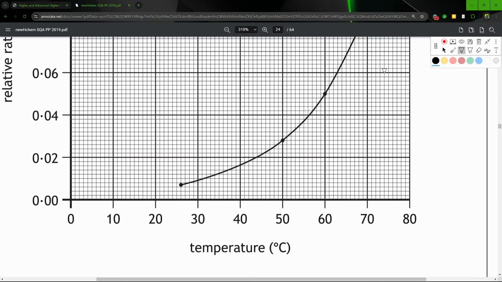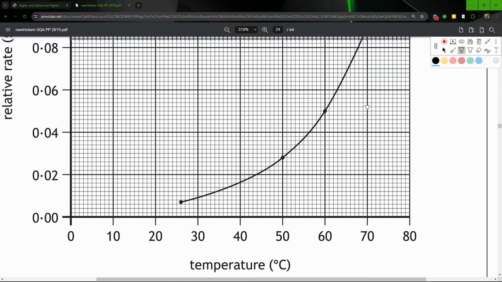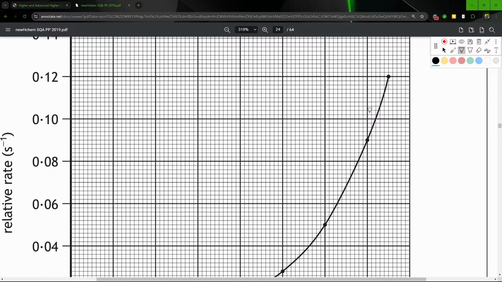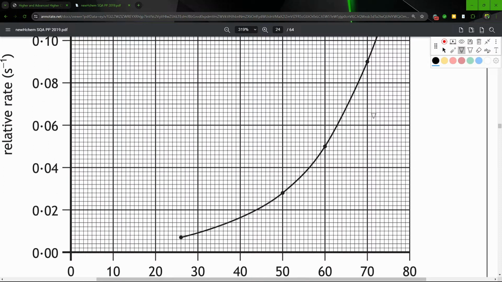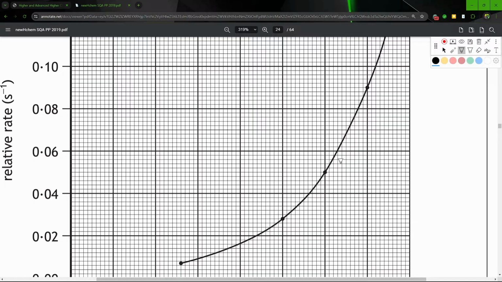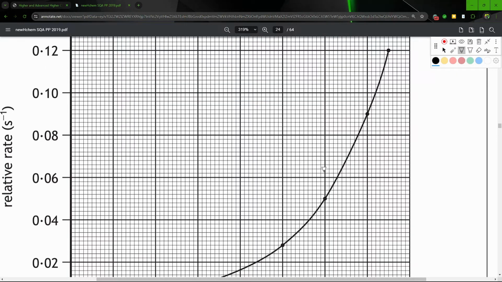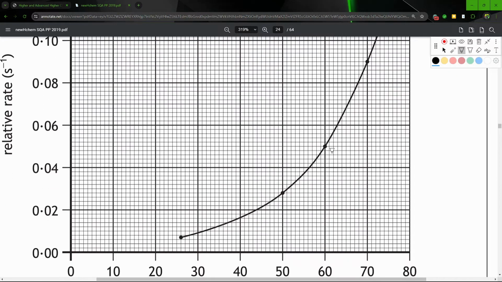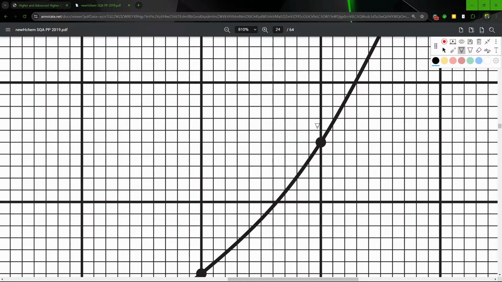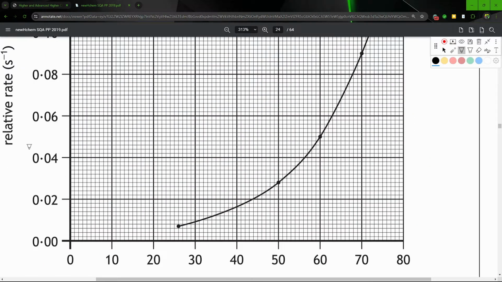So let's pick points that are very clearly marked. 2 and 4 could work, but 4 is kind of in the middle there, so it'll be a bit iffy. How about we go for 5 and 10, right? Because this point here is exactly in the middle of relative rate.